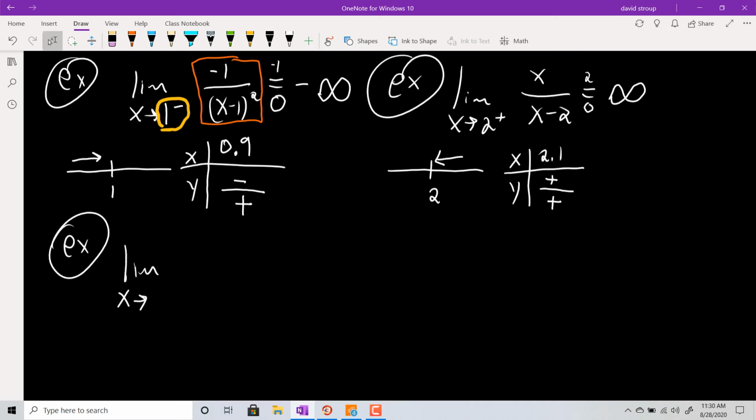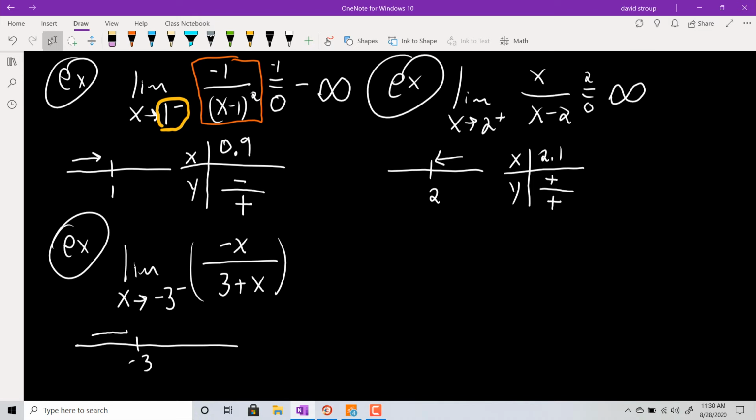x going to negative 3 from the left of, let's say, negative x all over 3 plus x. So this time I'm approaching negative 3 from the left, and then I do my test value.